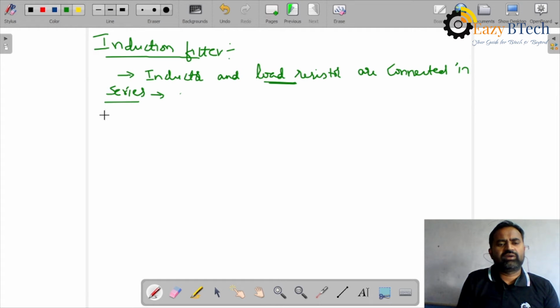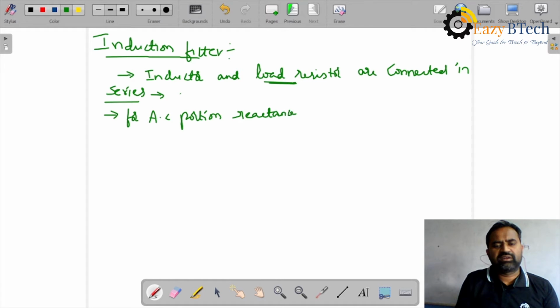Now here, for the AC portion, the reactance of the inductor is high.